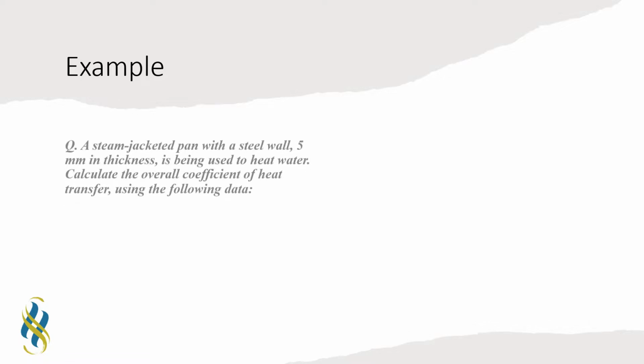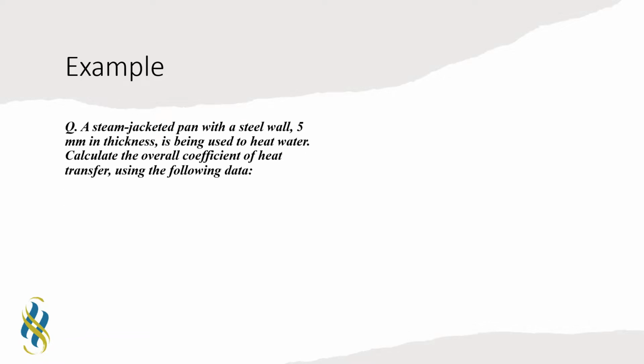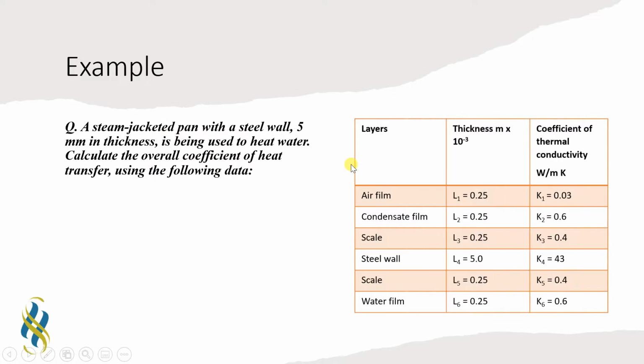So we can see this by an example. The question says a steam jacketed pan with a steel wall 5 mm in thickness is being used to heat water. Calculate the overall coefficient of heat transfer using the following data, which says there are 6 films: an air film, a condensate film, a scale, a steel wall, a scale, and then a water film.